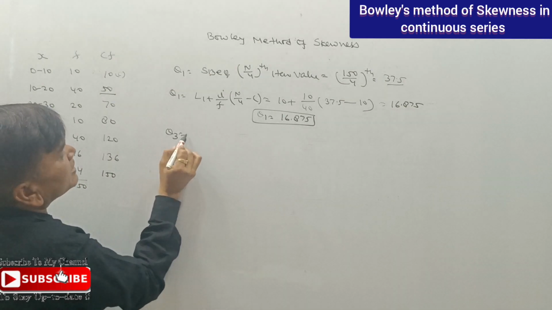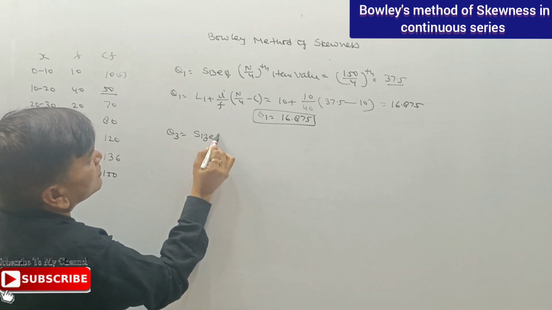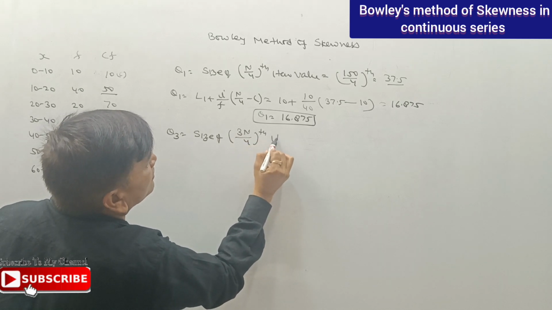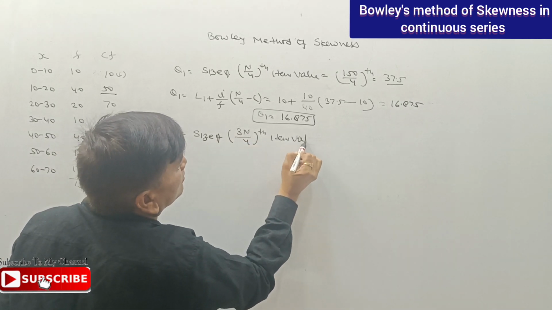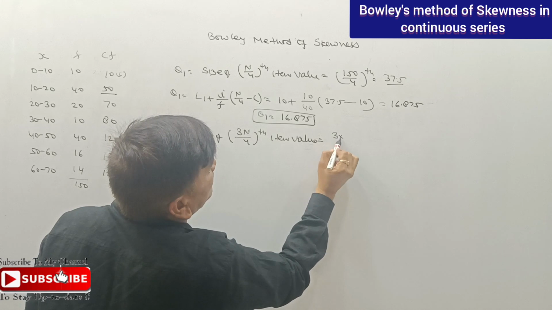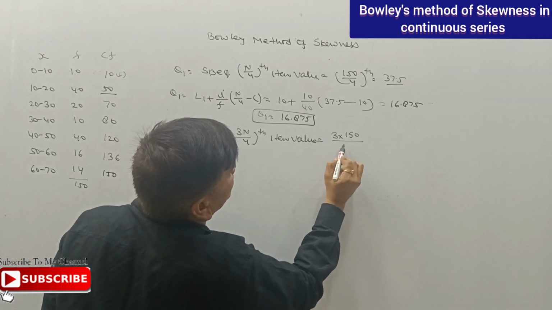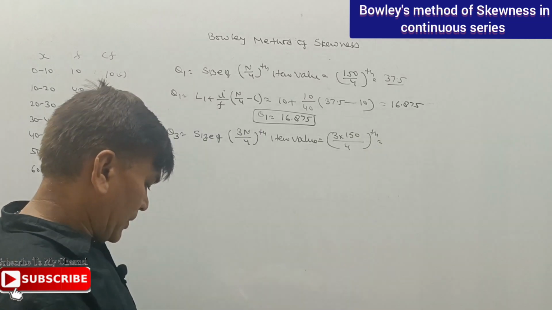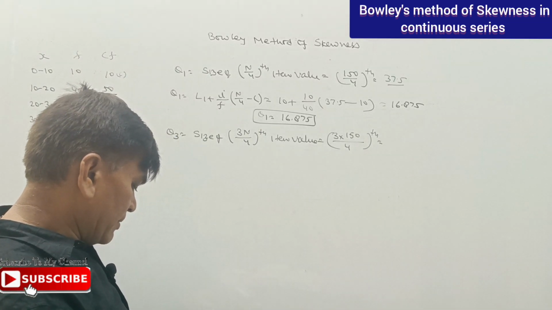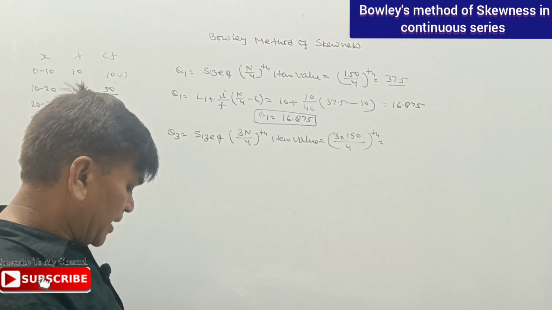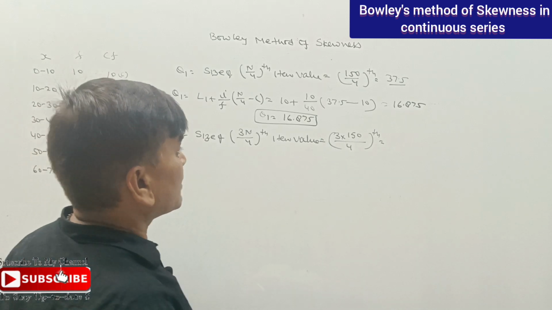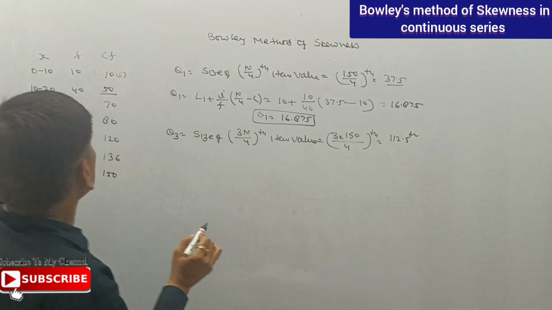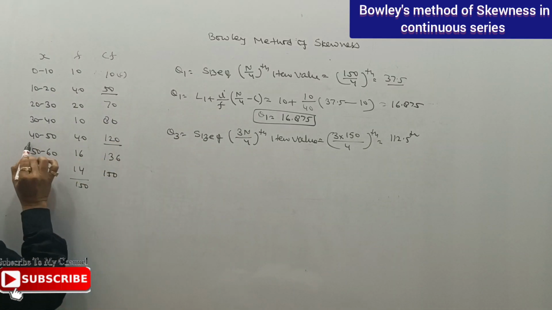The value of Q3 is the size of the 3n upon 4th item, that is 3 multiplied by 150 divided by 4, which is 112.5. So 112.5 lies in this class.